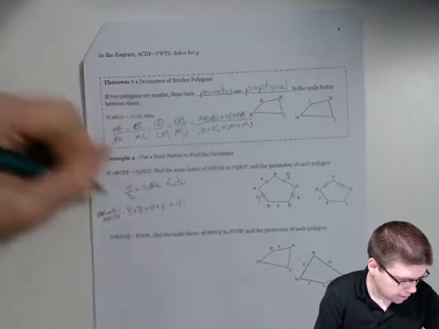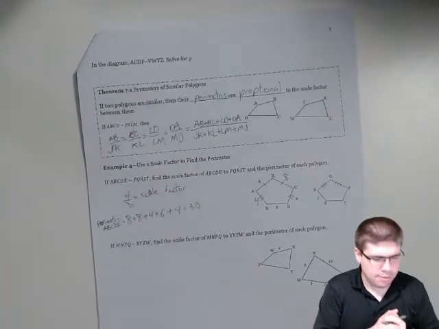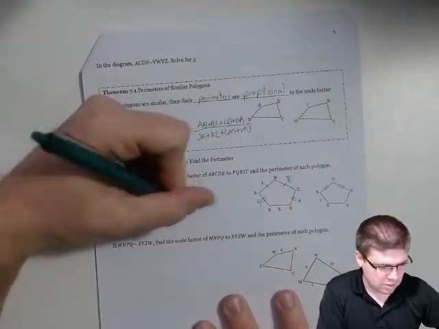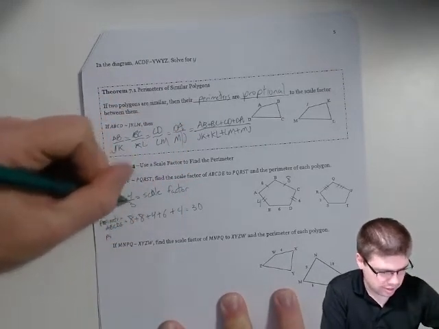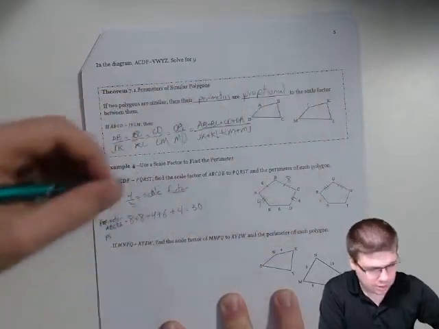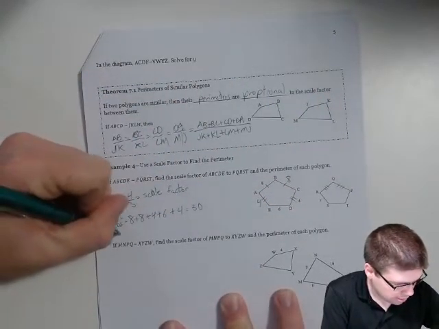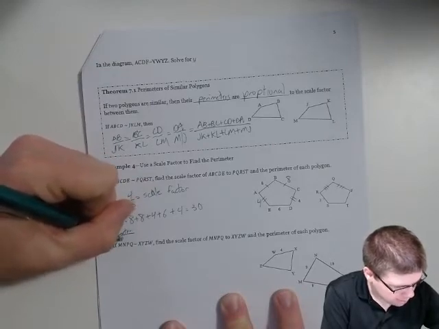Did I do that right? 16, 20, yeah, 30. And then we should be able to set that up and solve that. That should match the same scale factor for our perimeter of PQRST. So the perimeter of PQRST is unknown.